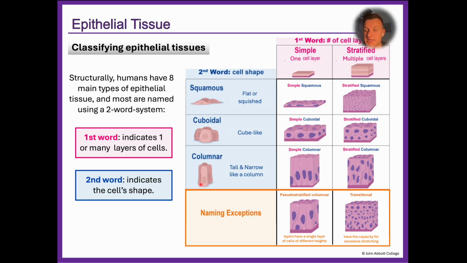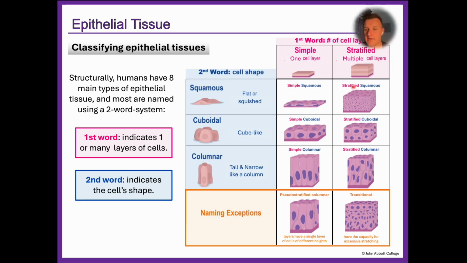So they're like a rectangle. They're not a cube. So simple columnar, it's simply one layer of column-like cells. So they are columns. They are these big rectangles. And stratified columnar, they are more than one layer, and they are column-like cells, right?